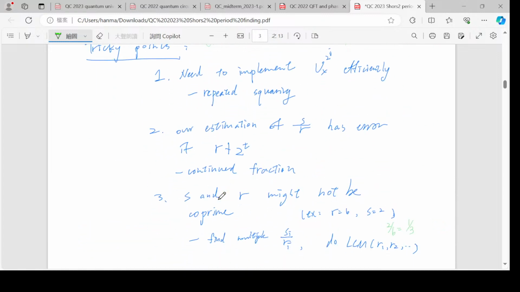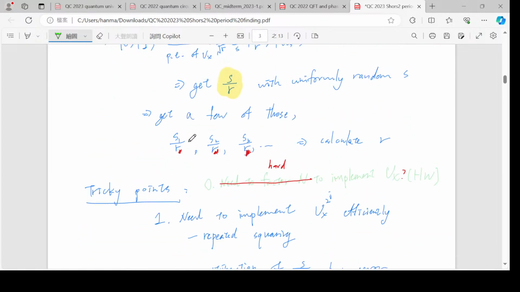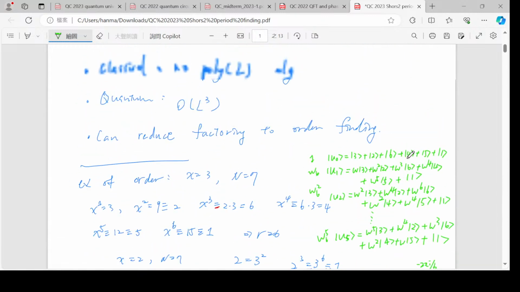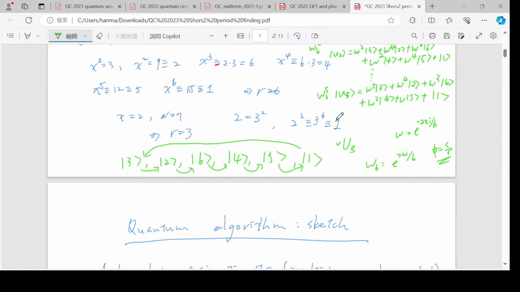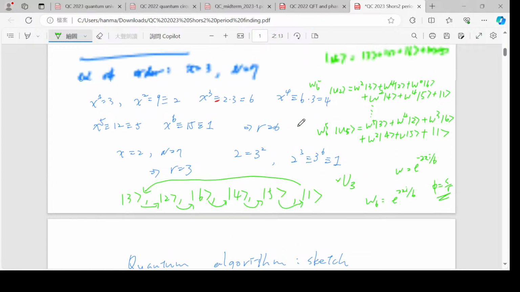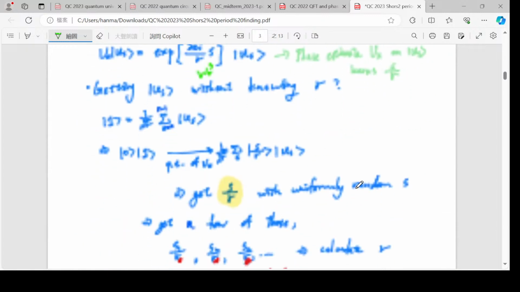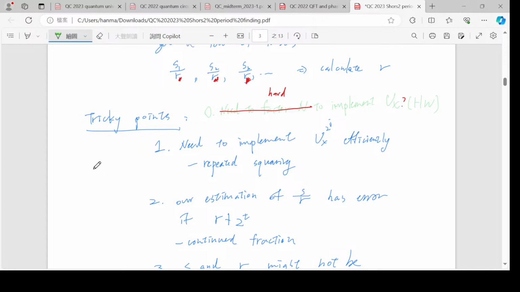And we'll see more detail later that when you get the random output here, we don't actually get s and r as output, we get s over r, so we get some fraction as output. There is some mathematical detail that we'll deal with next class to actually get r out of those random outputs.